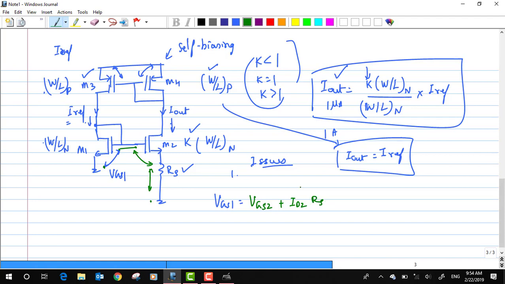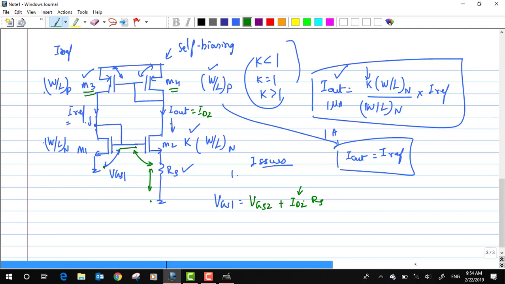And now what is the value of this ID2 right now according to our expression? When I have this M3 and M4 having the same aspect ratio, what is the definition of my ID2? ID2 is nothing but I out, and this I out is equal to my I reference, okay.